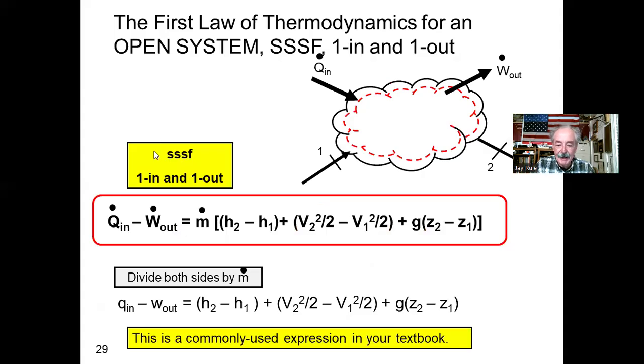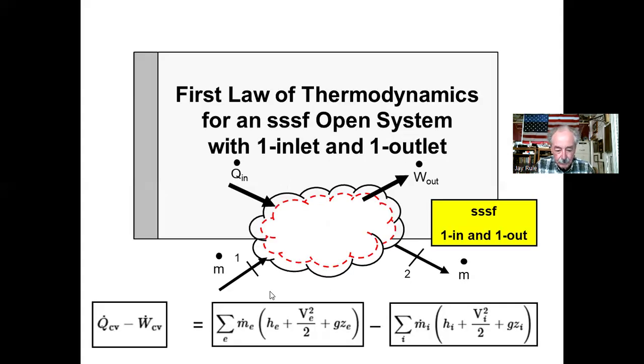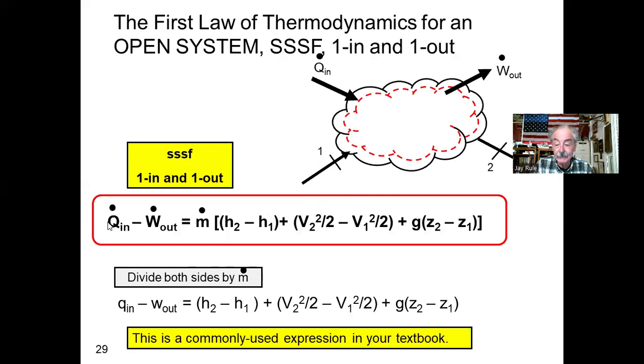Let me go back a slide. Remember here, m dot out equals m dot in. So I can pull that m dot out of both terms and group the two terms together. So I've got left-hand side, same, Q dot in minus W dot out equals m dot times a bracket.